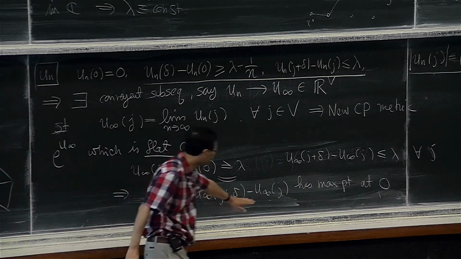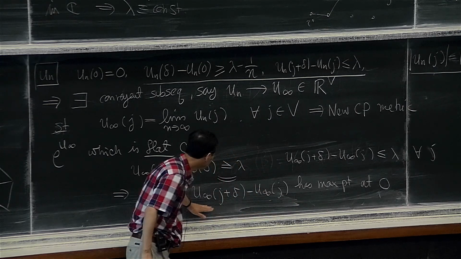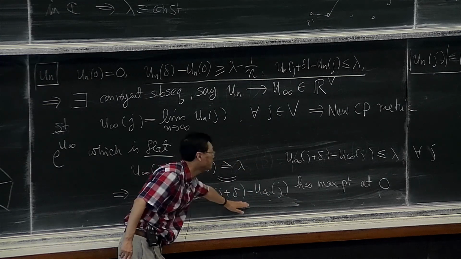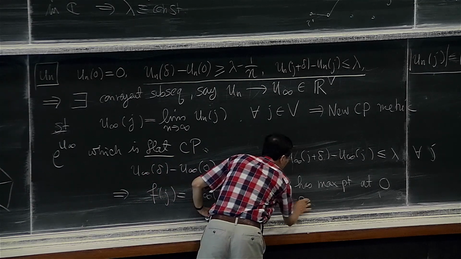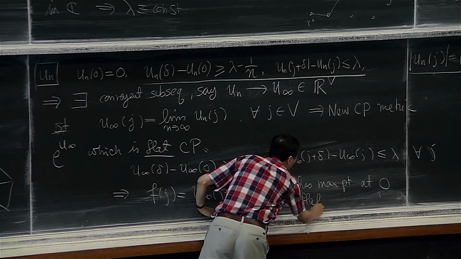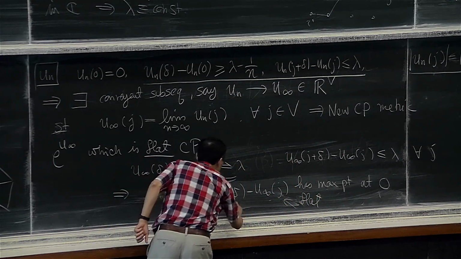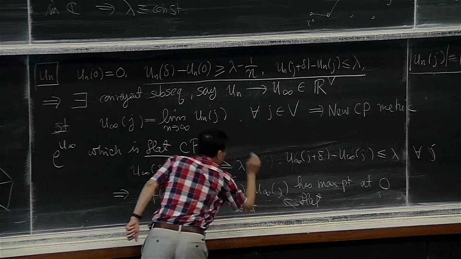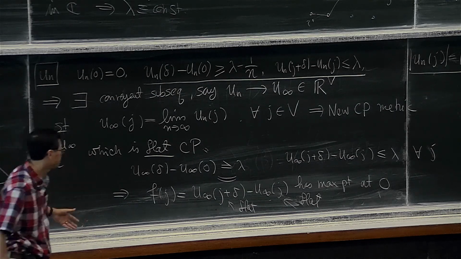And so we know it's a flat circle packing metric, and this is, again by shifting base point to delta, obtained from the flat by shifting. So this is again flat. And therefore, Thurston's maximum principle tells you that it's impossible unless it's a constant.